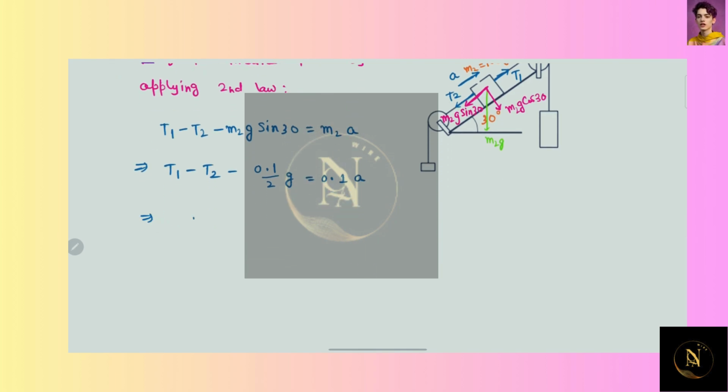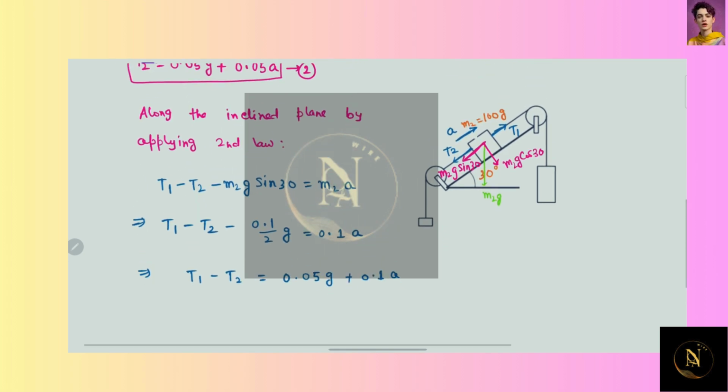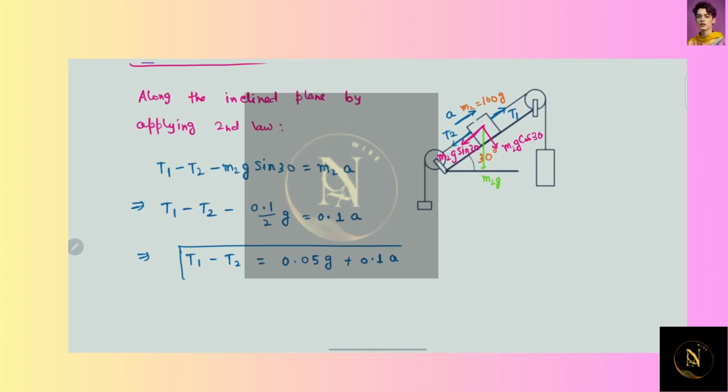So this gives me T1 minus T2 equal to 0.1 by 2, which is 0.05G, plus 0.1A. Let's say this is my equation number 3.